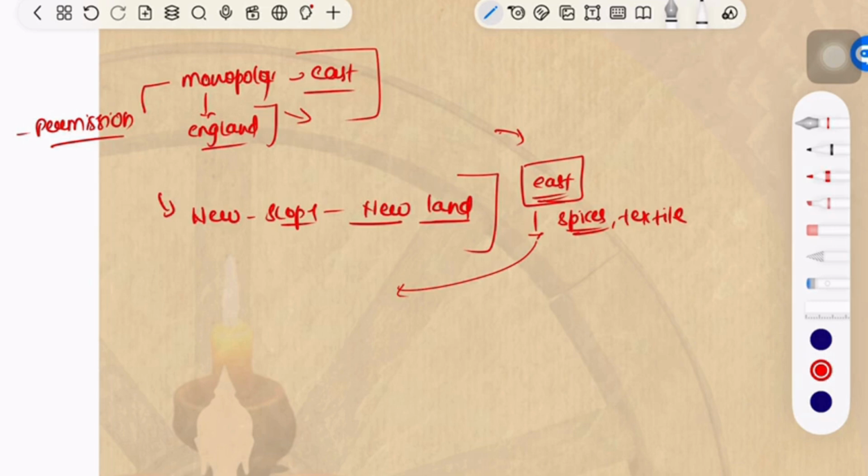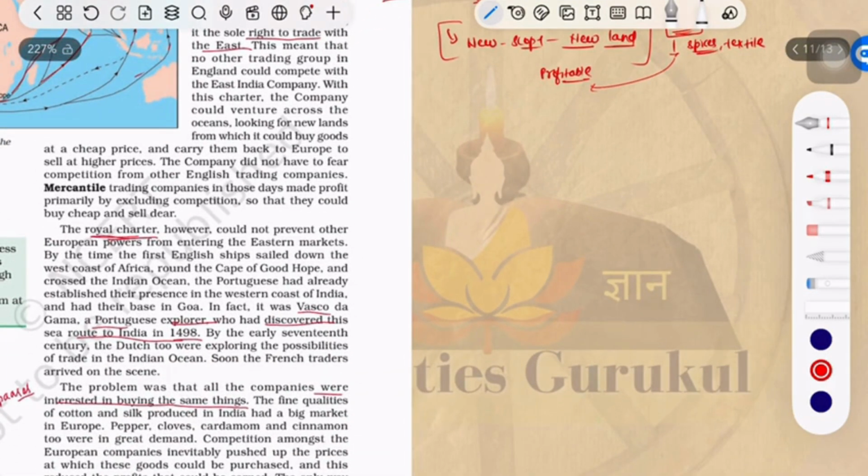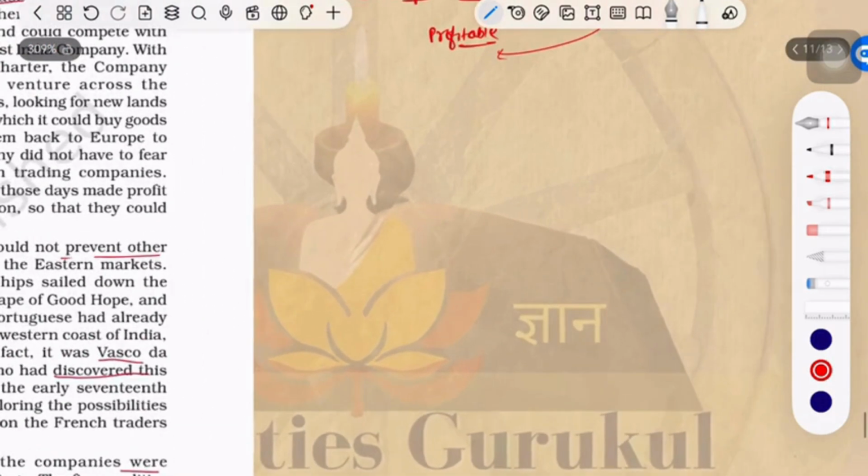So trading with the eastern land was considered most profitable. At the same time, a royal charter can prevent other trading companies from England, but it cannot prevent other European powers. So the monopoly was there, but not entire.